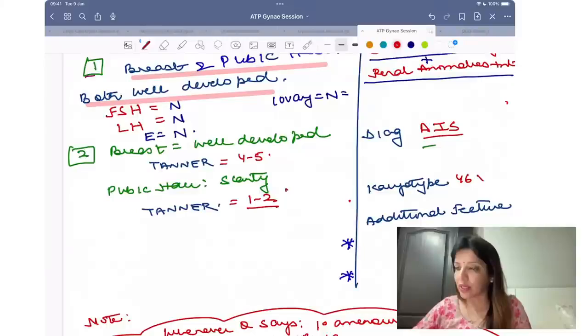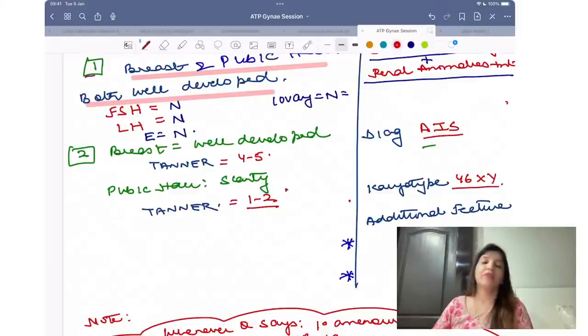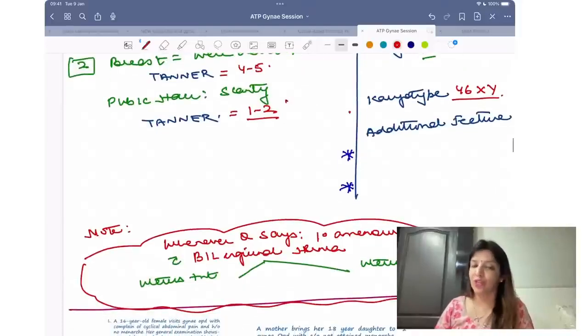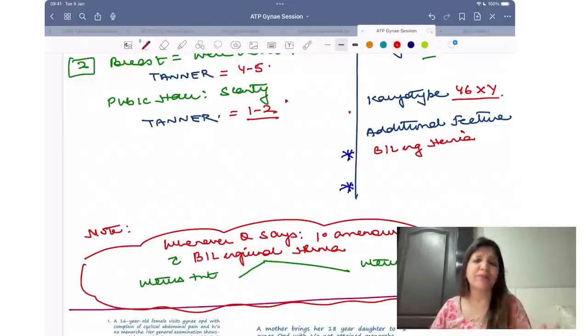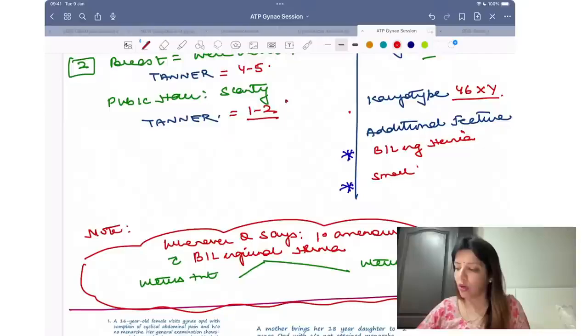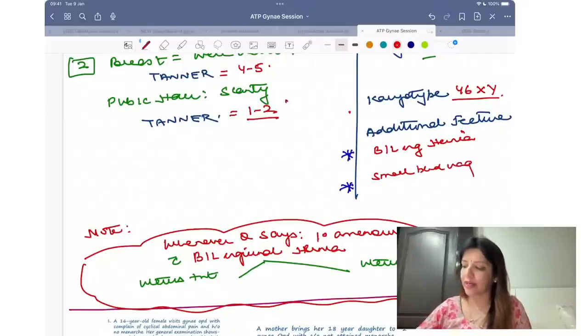In androgen insensitivity syndrome, the karyotype is 46XY, right? Additional features which they are going to tell you are there is bilateral inguinal hernia, and sometimes in these patients also a small blind vagina can be seen.